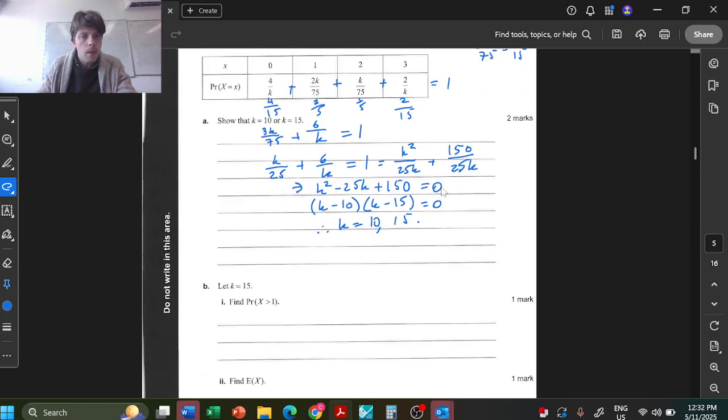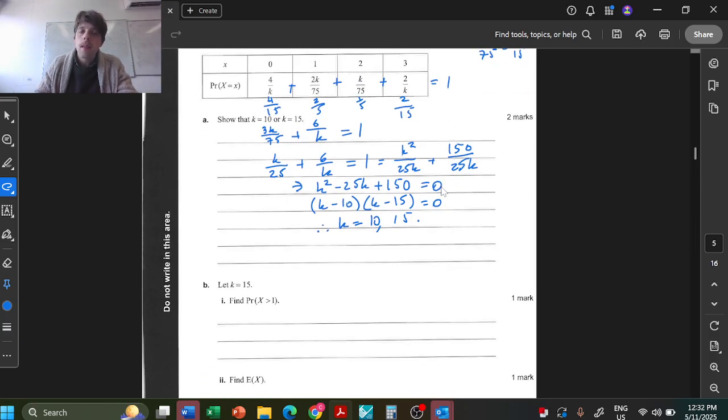Okay, substituted them in there. Now we need to find the probability that x is larger than 1. So the probability that x is strictly larger than 1 is the same as saying, what is the probability that x is equal to 2 plus the probability that x is equal to 3?